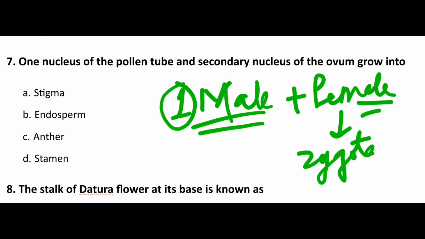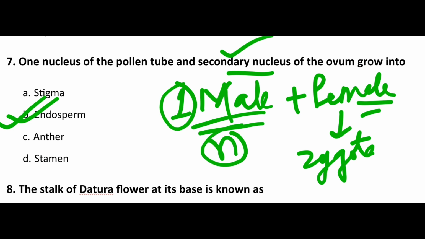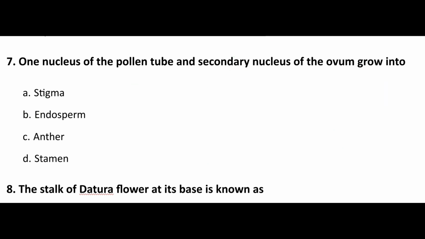The zygote develops into the embryo, but the second male gamete fuses with the secondary nucleus and forms the endosperm. Secondary nucleus has 2 N and the male nucleus is haploid, so only 1 N, and both of these fuse to form the primary endosperm nucleus with 3 N.